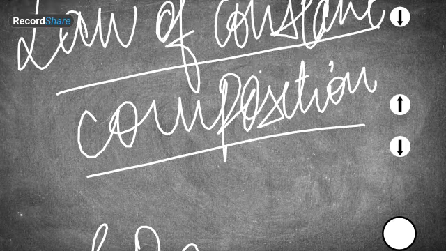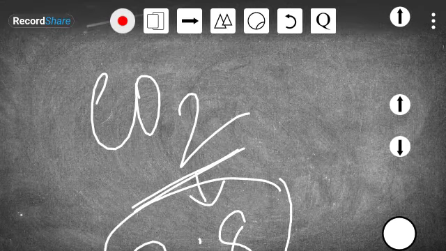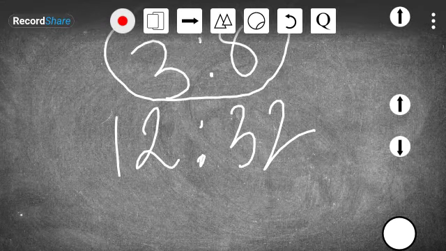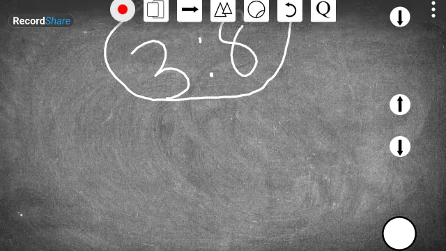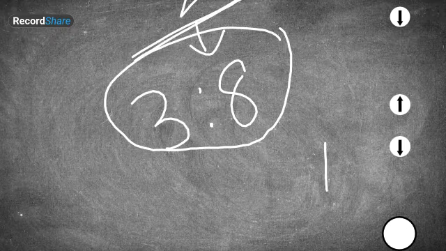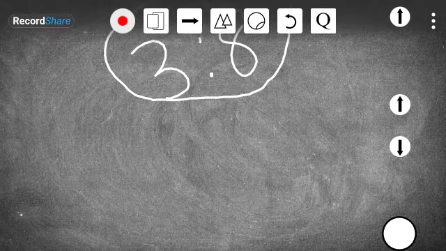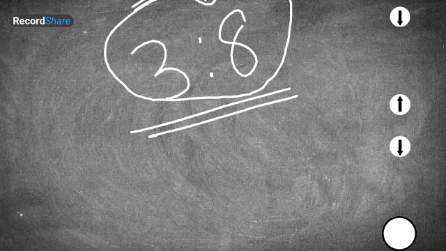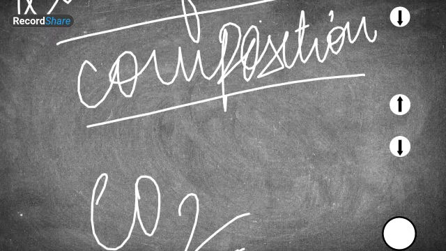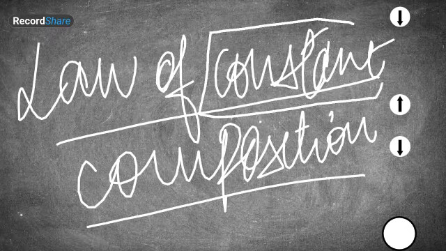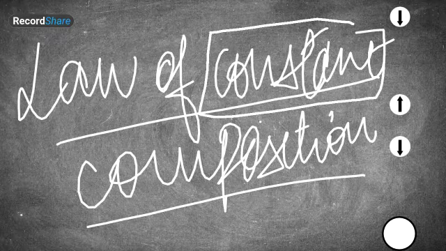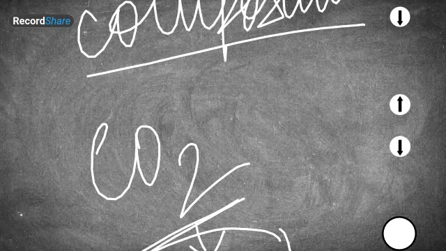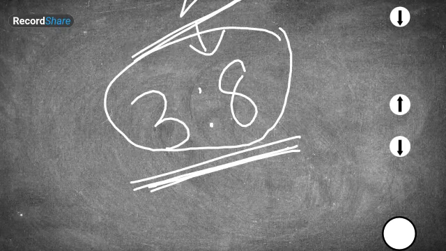According to this law, whatever be the method we use for preparation of carbon dioxide, always this ratio will remain the same. That's why it is called law of constant composition, because the ratio between the weights will remain constant. There can be many methods for preparation.